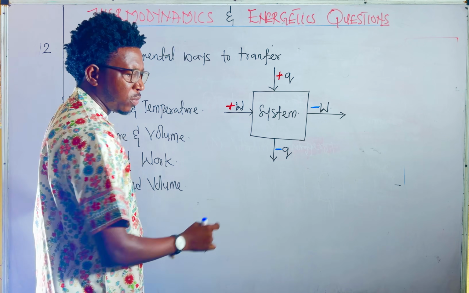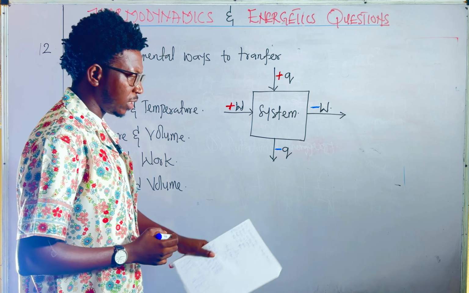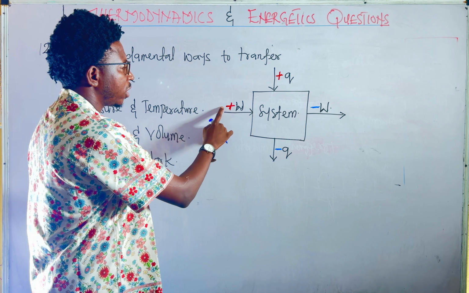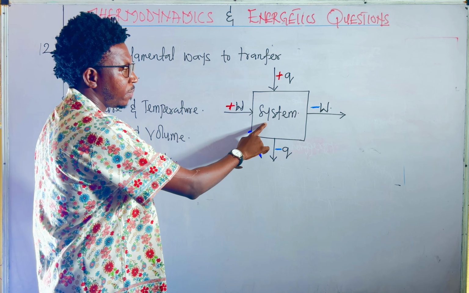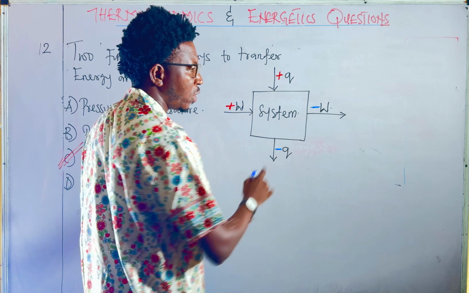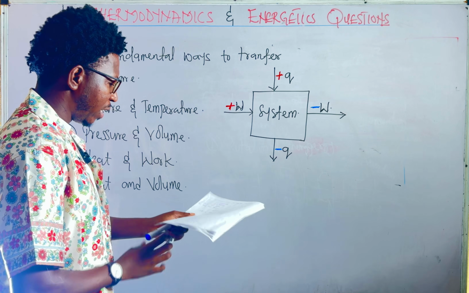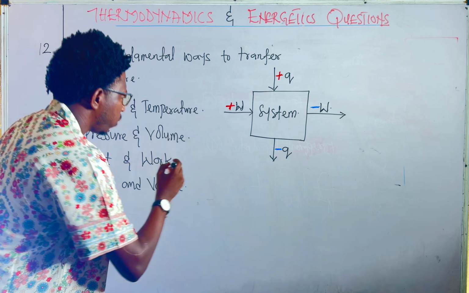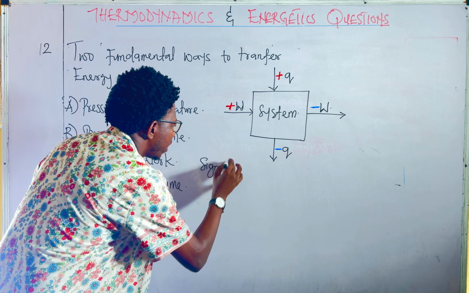Q is negative when heat flows out of the system. W is positive when work is done on the system. W is negative when work is done by the system. I'm going to give you the sign convention.